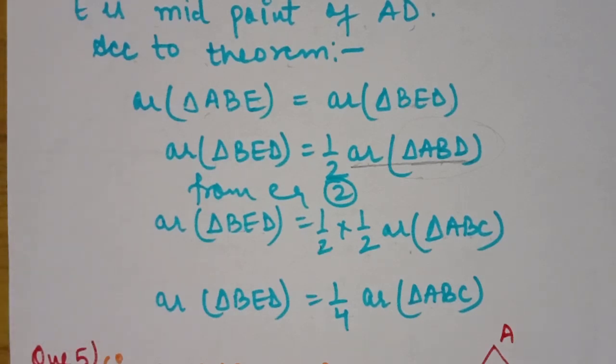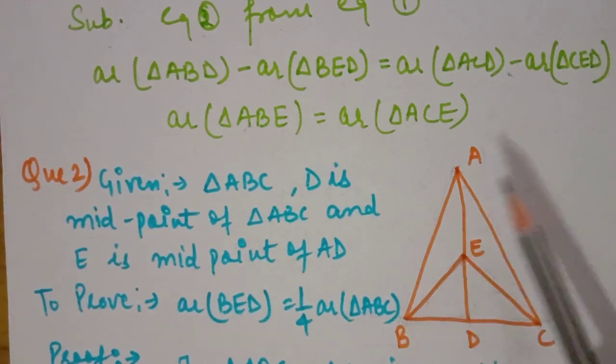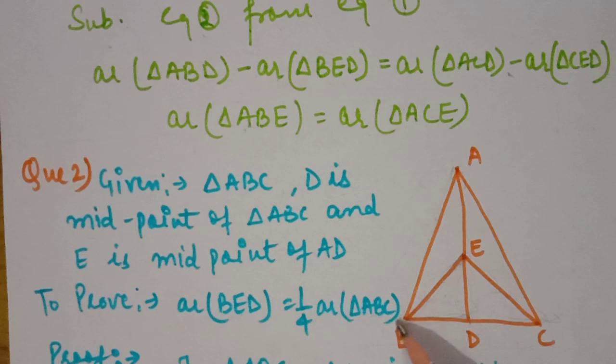Let me explain again from your diagram. First we prove that this ABD is equal to half of the area of ABC. Then we prove that this BED is half of ABD, because E is the midpoint.